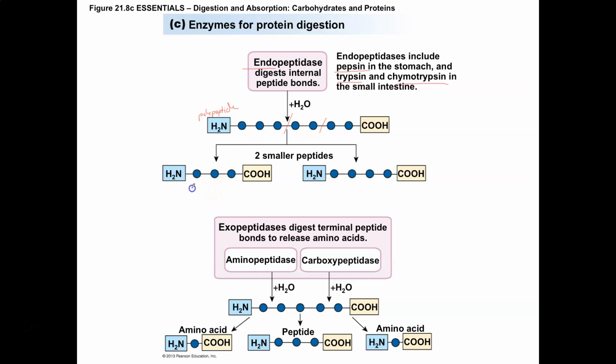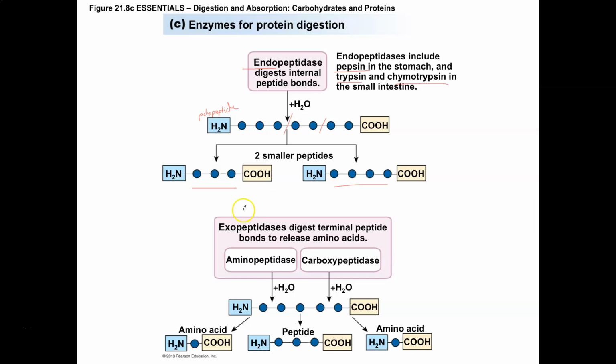So maybe you release a tripeptide or a quaternary peptide, depending upon where the fragmentation takes place. You might even get some dipeptides from that as well. So endopeptidases are working on the interior. So again, think of enzymes like pepsin from the stomach, trypsin from the pancreas, chymotrypsin also from the pancreas, elastase. These are all endopeptidase type enzymes.